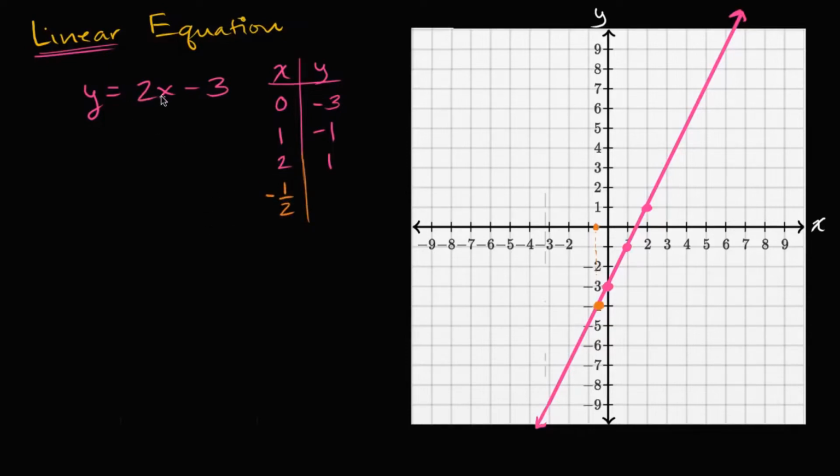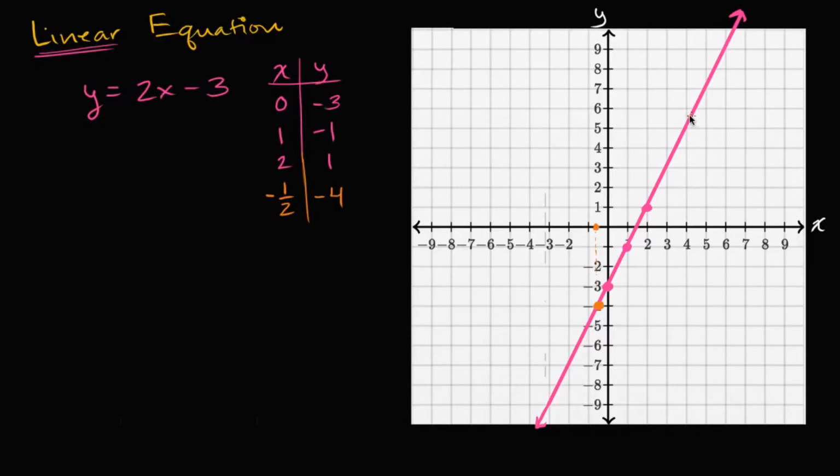Let's see, 2 times negative 1/2 minus 3. Well, 2 times negative 1/2 is negative 1, minus 3 is indeed negative 4. It is indeed negative 4. So you can literally take any x value that you put here and the corresponding y value is going to sit on the line.